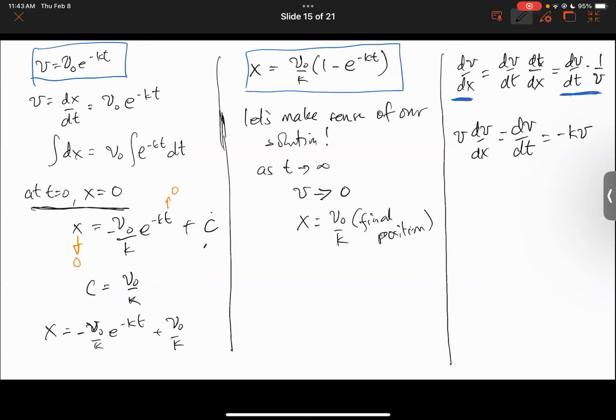Okay, so now we have this expression. First of all, i-cancel muna natin yung v. Now we have this expression that is totally dependent on v and x. So that relates v with x. So dv is equal to minus k dx.